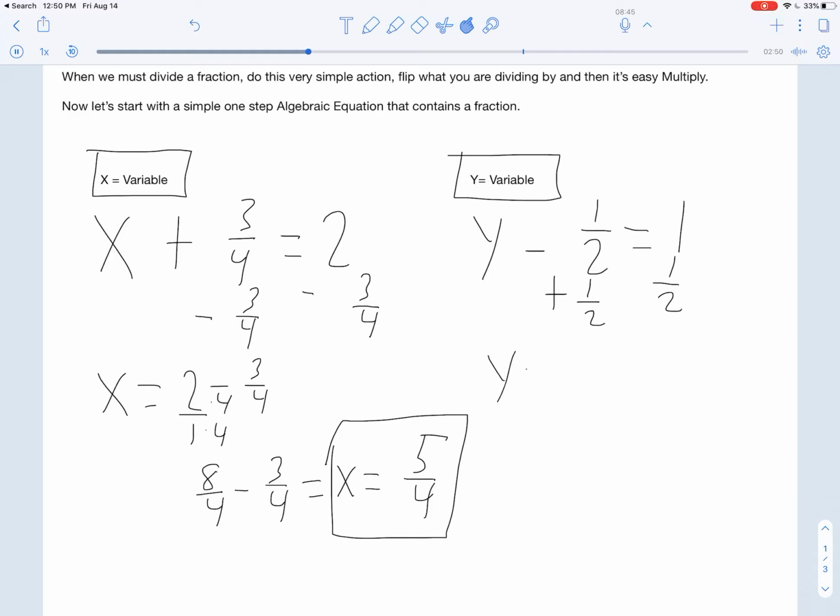So now we have y is equal to 1 plus 1/2. Now we can create a common denominator for both numbers. So that would be 2 over 2 plus 1 over 2. And that gives us y is equal to 3 over 2.